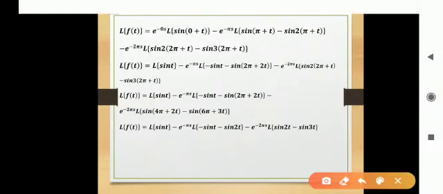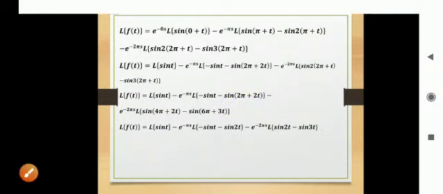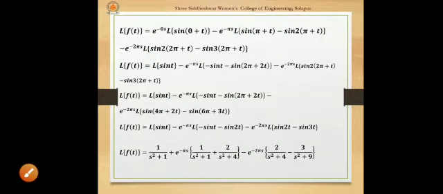Now here already sin of pi plus t is written as minus sin t. Sin of 2 pi plus theta is sin theta. So again the same result we have got for the last two terms also. Now we have to just apply Laplace transform of sin at result to get the Laplace transform of the given function.